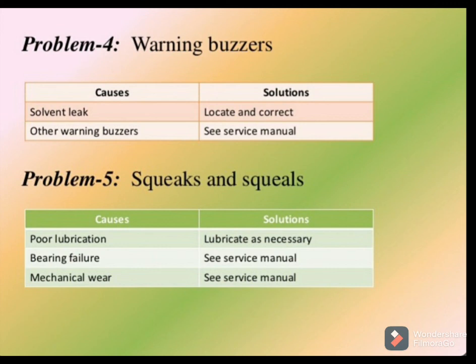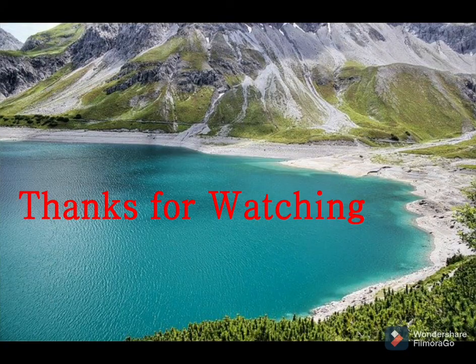Bearing failure and mechanical wear: see the service manual and go to a service engineer. They will tell you the main reason. That is the summary of the HPLC troubleshooting we face in our routine analysis. If we go through this troubleshooting video and follow all these things, 100% we will rectify our problems and give our best results in our laboratory.